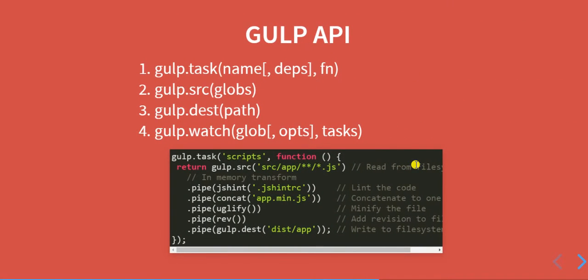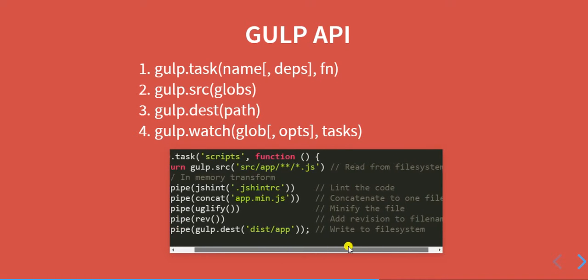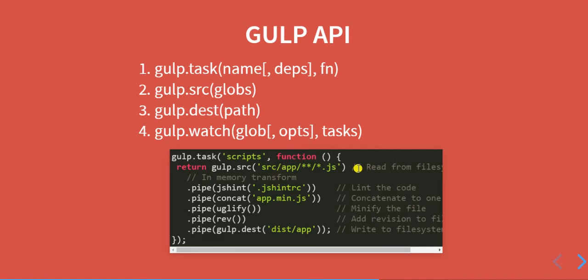In the gulp API, we have four API calls: gulp task, gulp src source, destination, and watch. So gulp source reads files from the file system and does all the transforms in memory and writes the output to destination.